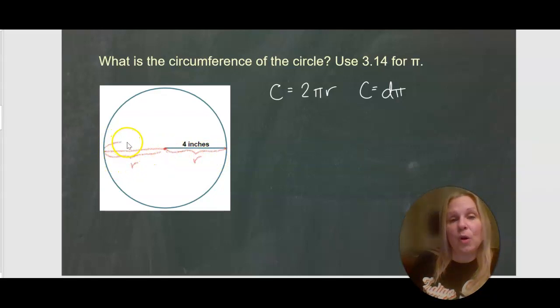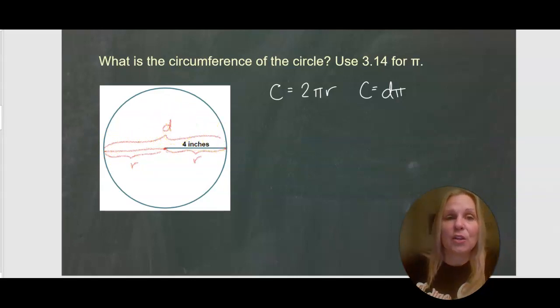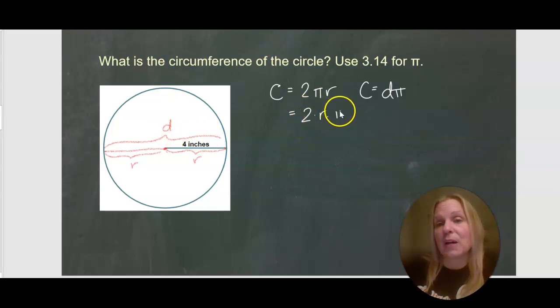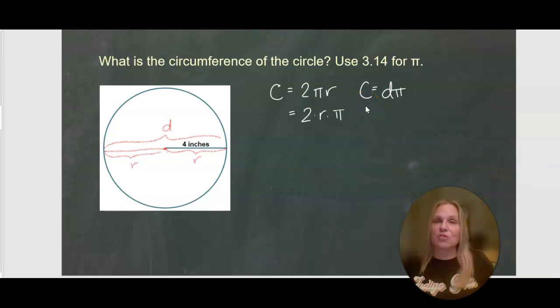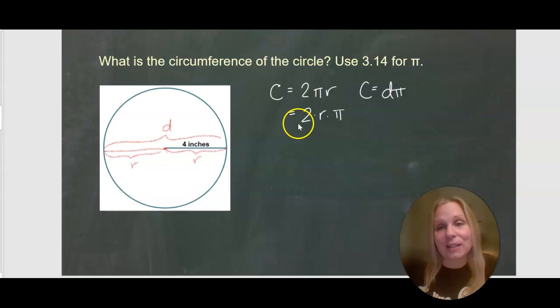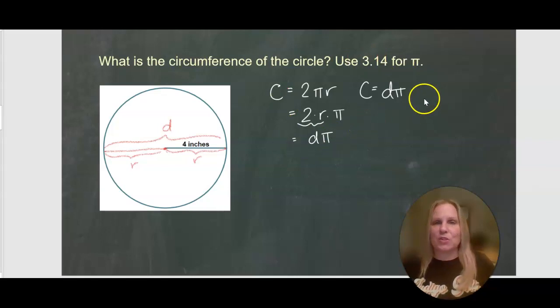And if you go all the way across the circle, that's the diameter, right? So I can rearrange this and say 2 times r times pi, because remember, multiplication is commutative. I can do it in any order. And 2 times the radius is the same as the diameter, right? So these formulas are equivalent.